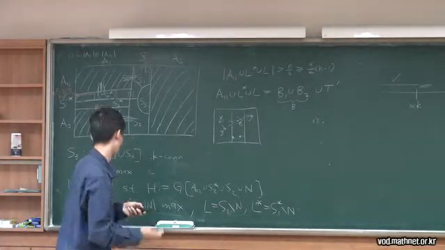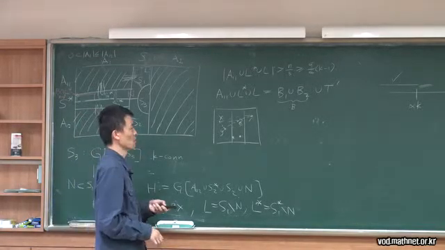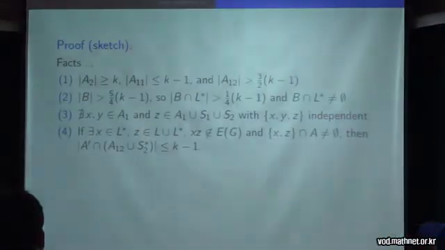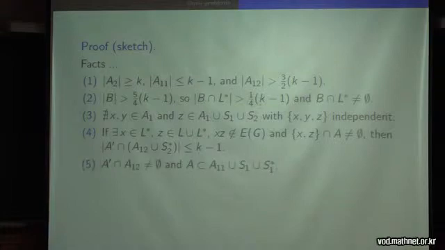Right, so this one is also not hard to show. You assume the contrary, and you get a contradiction to this. So it's not terribly hard to show this one. Okay, I'm not going to prove these 3.